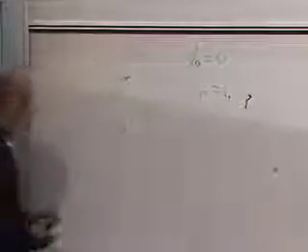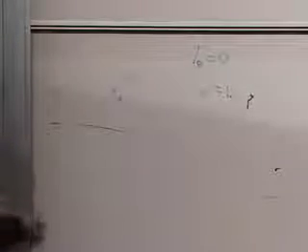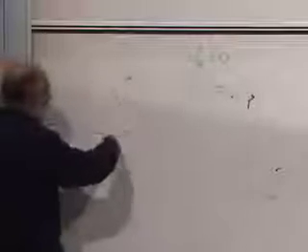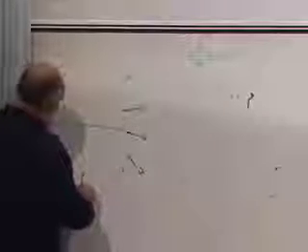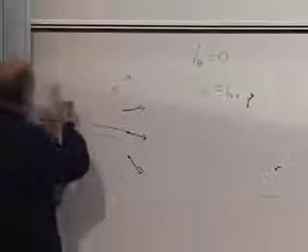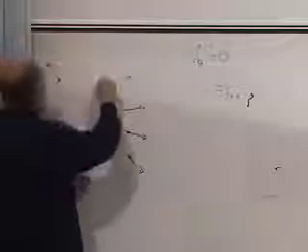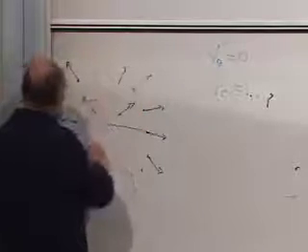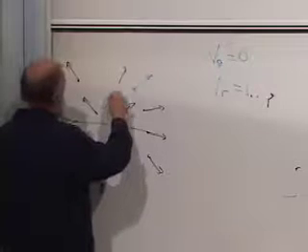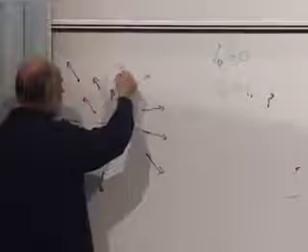What does that vector look like? It has no theta component anywhere on the plane. Its radial component is equal to 1, but it points outward from the origin.